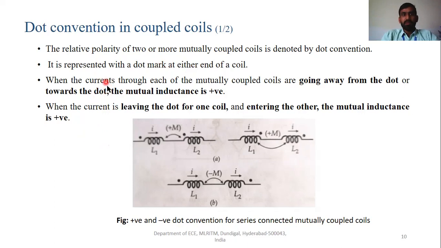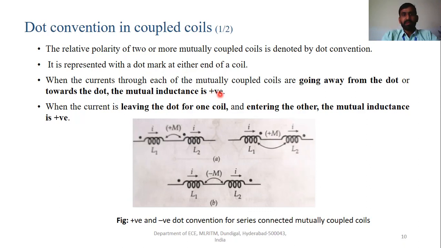Here you have to remember this point: when the currents through each of the mutually coupled coils are going away from the dot or towards the dot, the mutual inductance is positive, right?